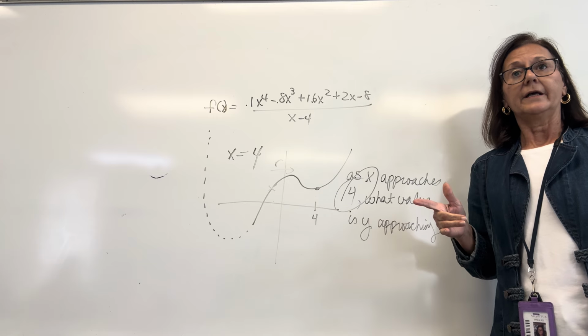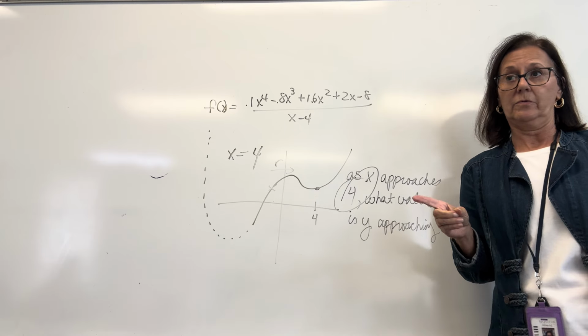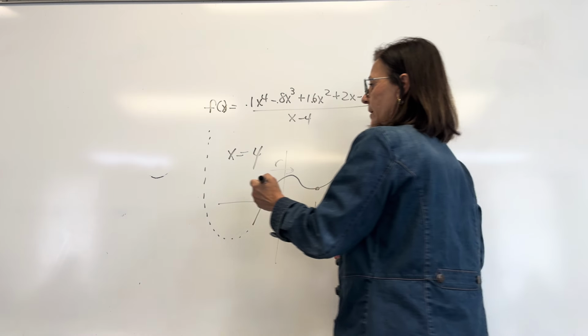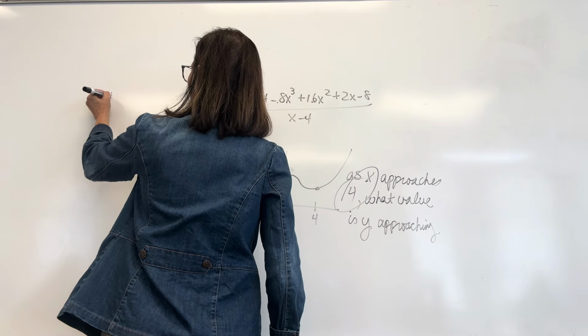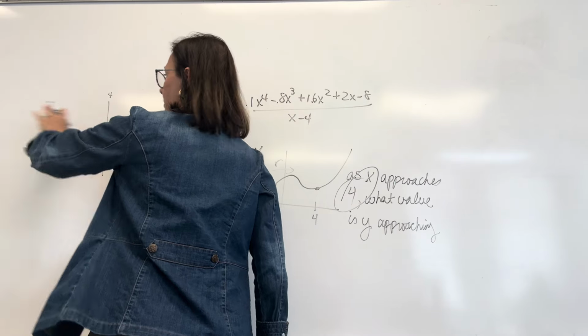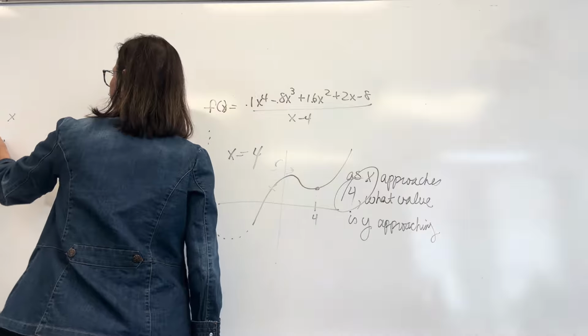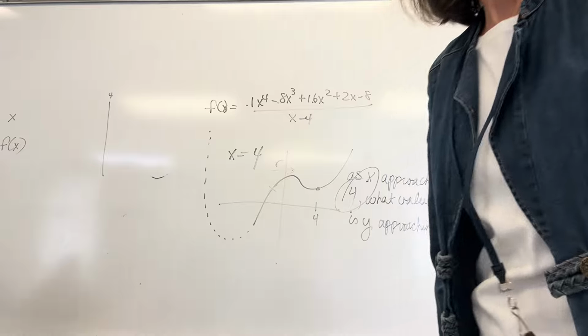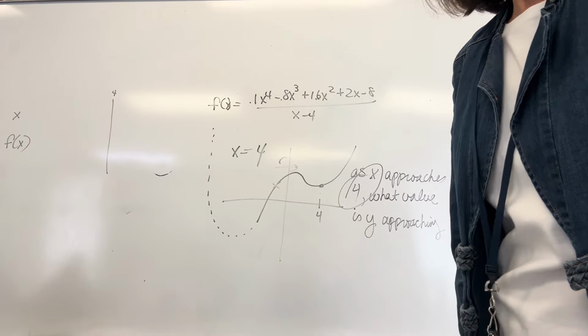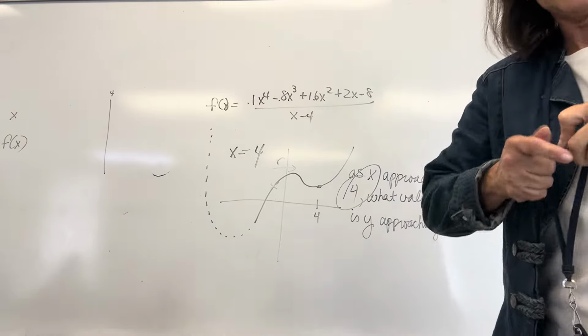Well, you could use a table and say, here would be 4. And we go numbers on both sides. And we can say, what's the value of x? What's the value of f of x? And we could plug in numbers.